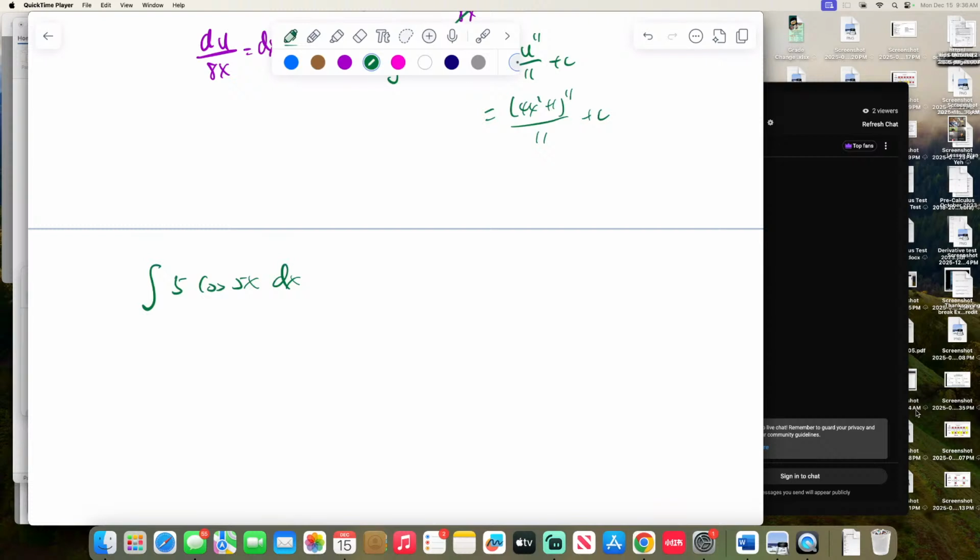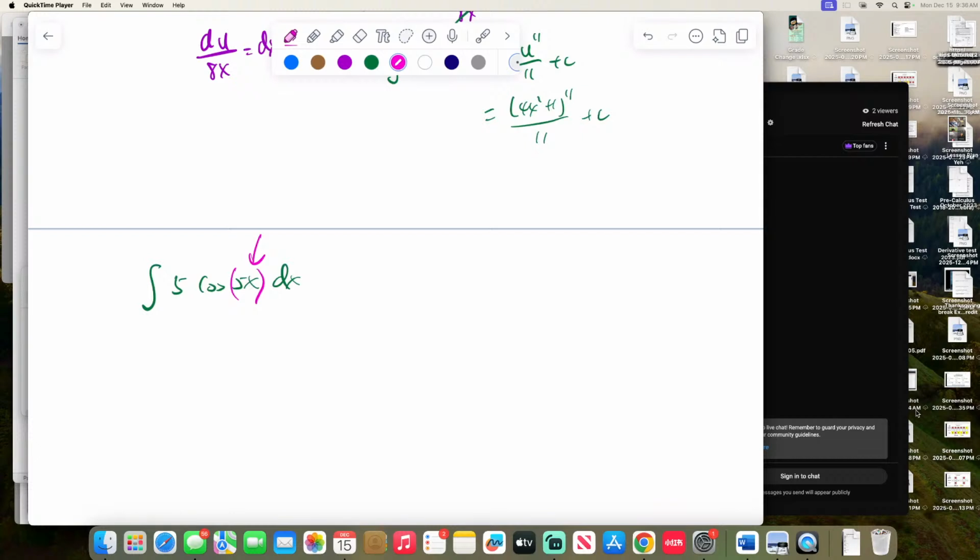No, the whole idea is to cancel out something, right? And to make sure everything is in terms of du rather than dx, and everything in terms of u. What do you think u needs to be here? It's inside the parenthesis. Yeah, 5x, you're right. So this is a parenthesis, there's an argument there.